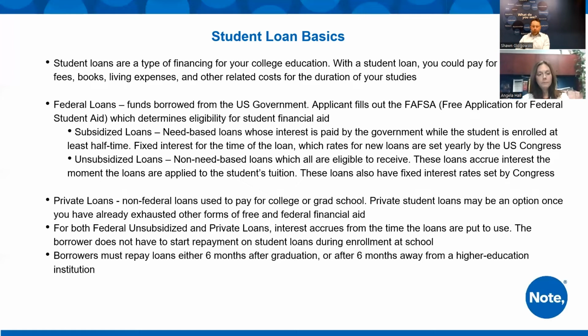So as an example, if you took out a $5,000 loan and there was $500 of interest that accrued over the time period you were in college, at the end of that, when you're done, you'll have a $5,500 loan that you'll start to pay the government back on.